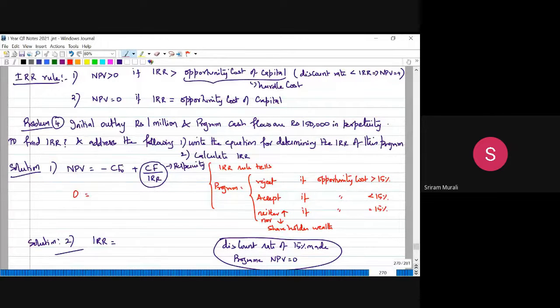Zero. Why is it 0? Why is it 0? When can you assume 0?